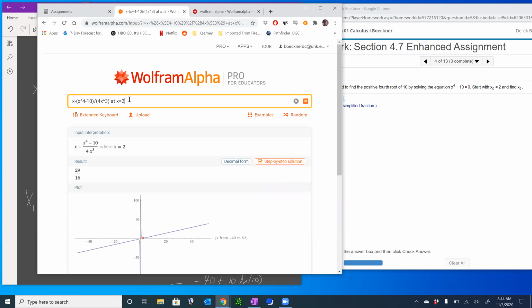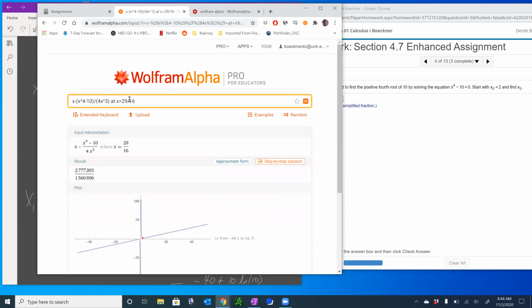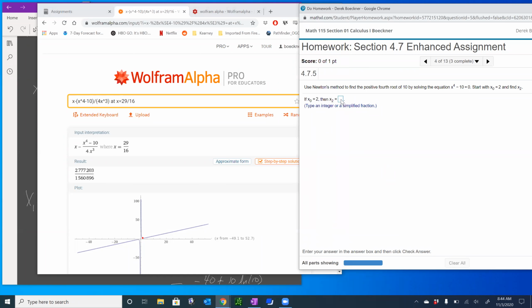You get 29/16, and then we'll put in 29/16. And we get that 2,777,203 over 1,560,896. We want a simplified fraction, so that's probably the simplified fraction that we want.